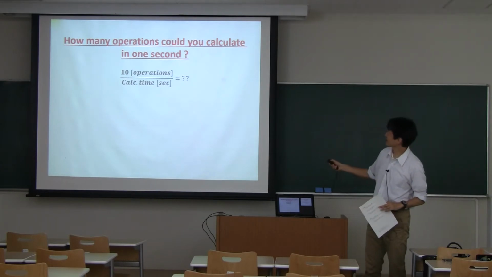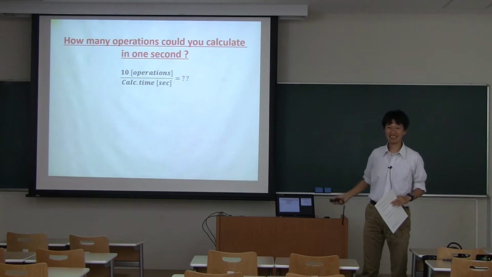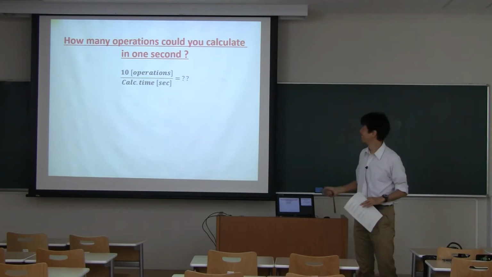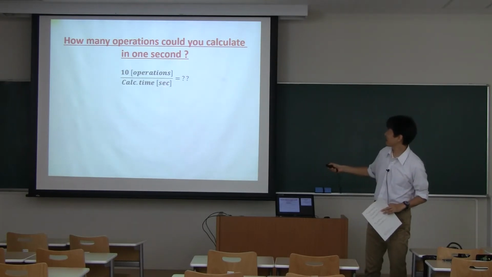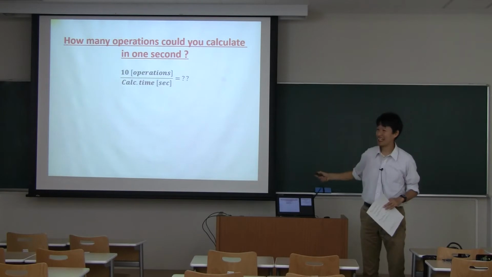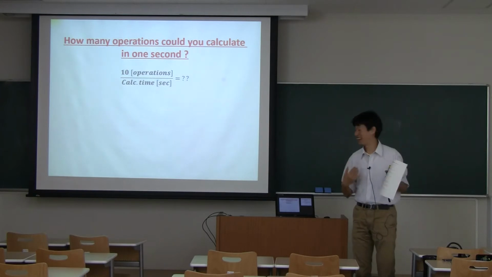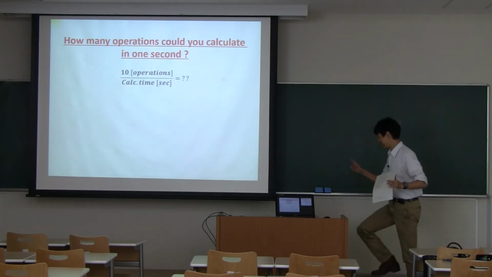How many operations could you calculate in 1 second? You can calculate this value by this equation. Please input your calculation time and please calculate. And please let me know your value. 0.5.